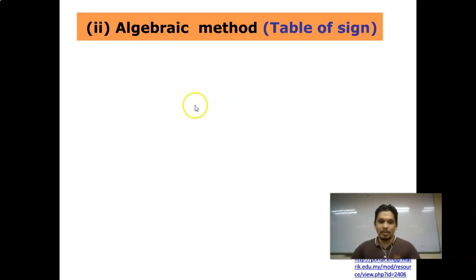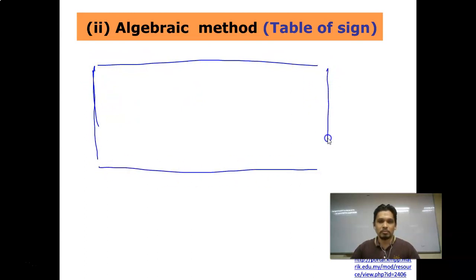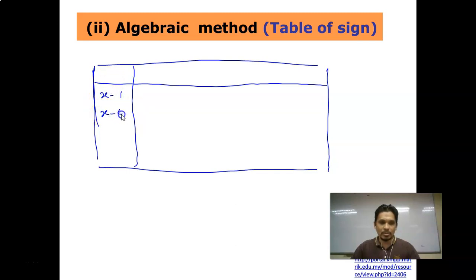Algebraic method, table of sign. Okay. So then, let's say if I sketch a table here. The value of x, we got x minus 1 and x minus 4.